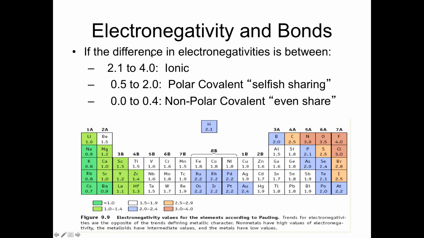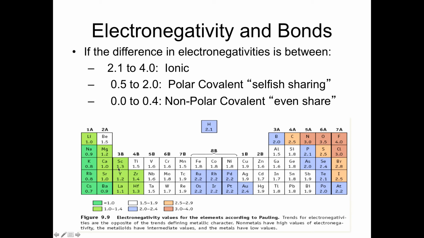All right, now diving back into electronegativity and how it relates to bonding. When you have a pair of elements with an electronegativity difference of 2.1 to 4.0, that causes an ionic bond. For example, cesium 0.7, fluorine 4.0.